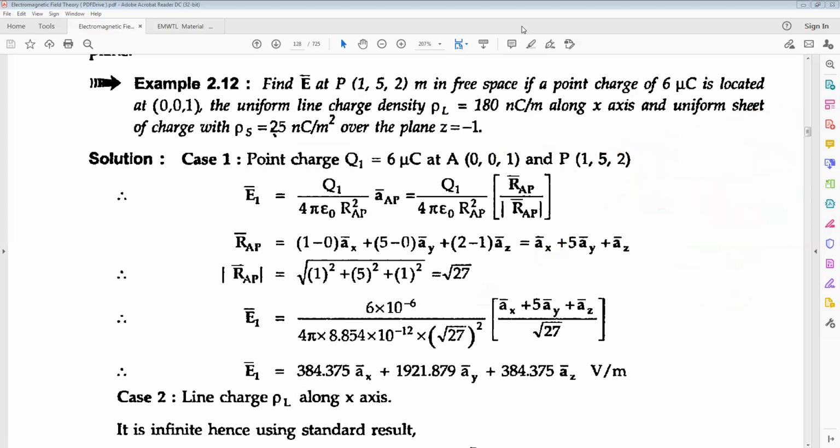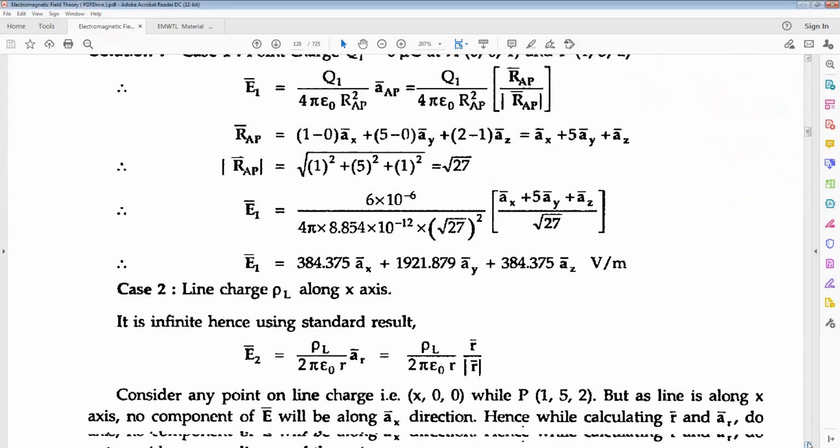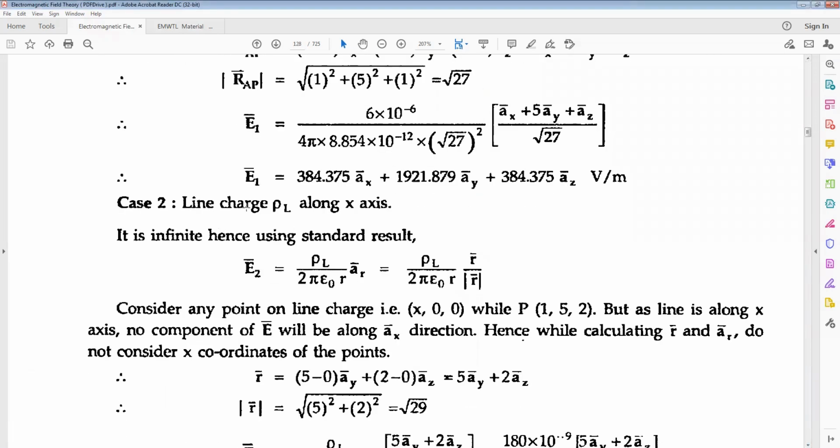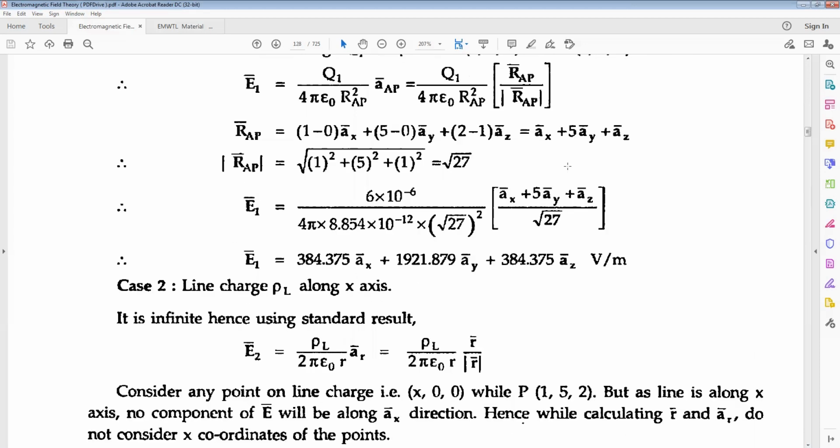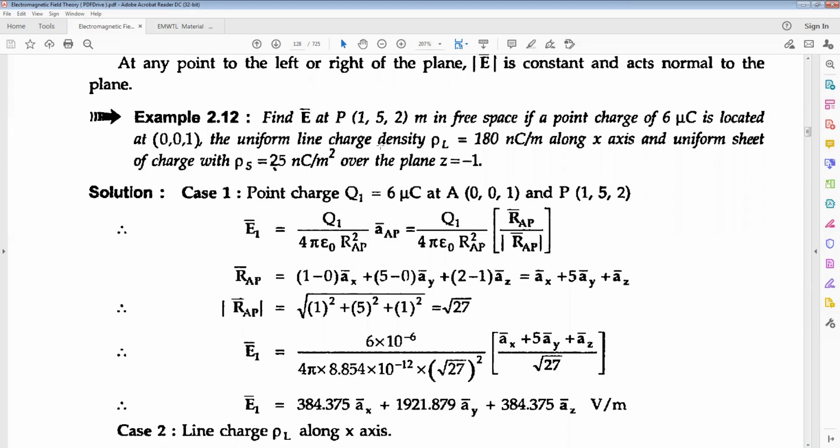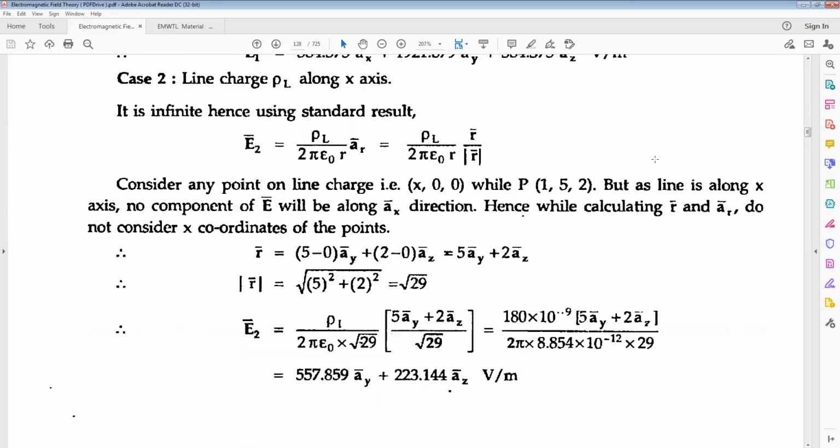Now, you can find it by substituting the line charge rho L given. If it is infinite, the standard expression is rho L by 2 pi epsilon naught R into AR bar. What is R? They say uniform line charge rho L of 180 nanocoulombs lies along the x-axis.